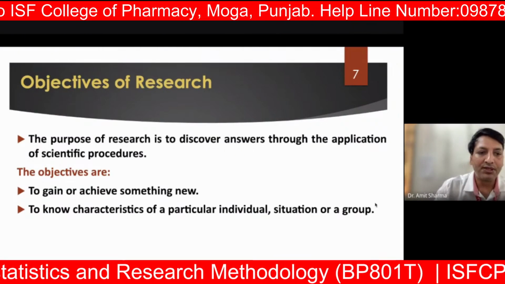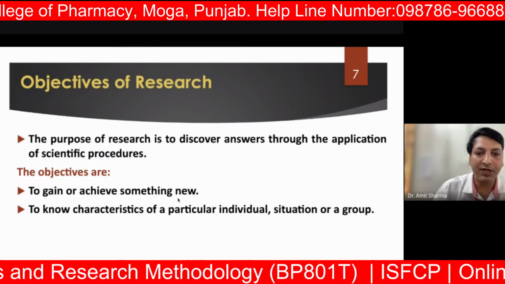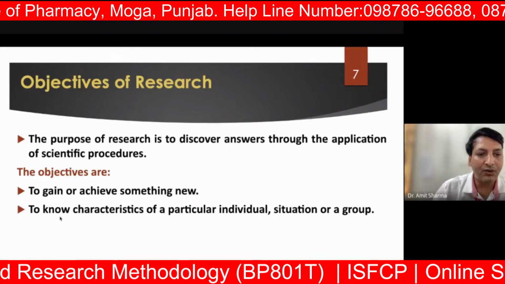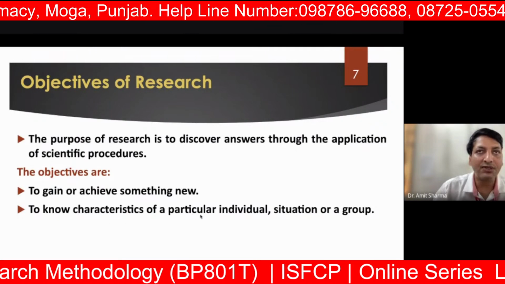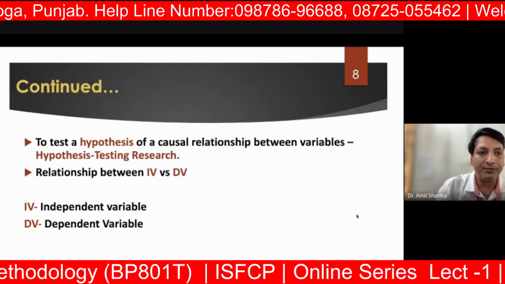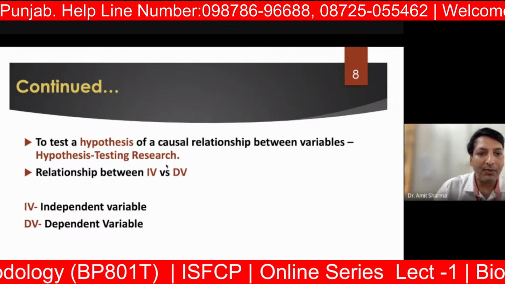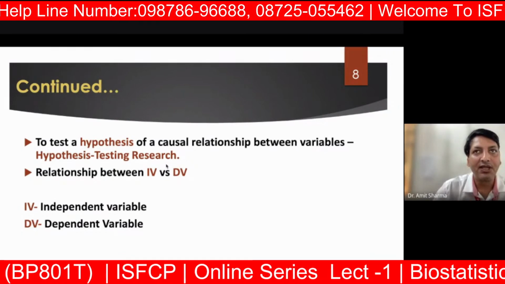So research objectives include, the first one, to gain or achieve something new. The second one, to know the characteristics of a particular individual, how the situation was, or a particular group. Now, the main objective of the research is to test the hypothesis.